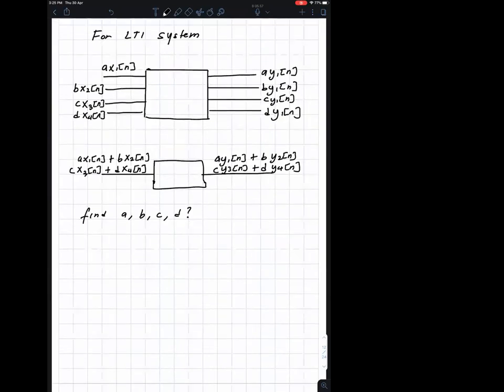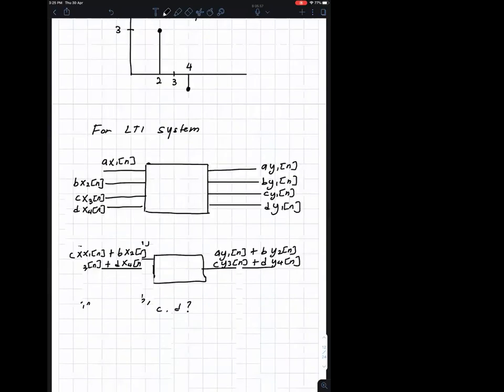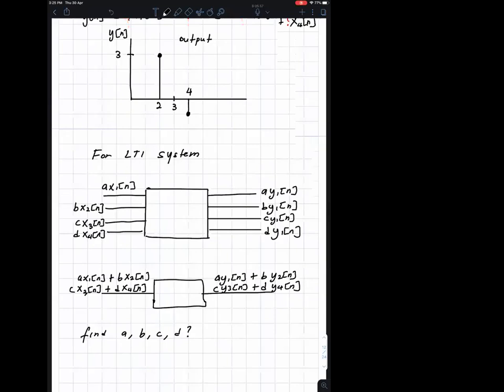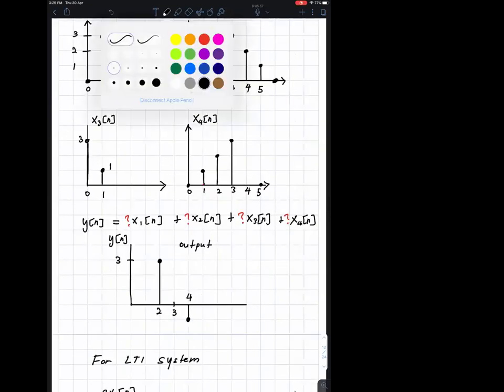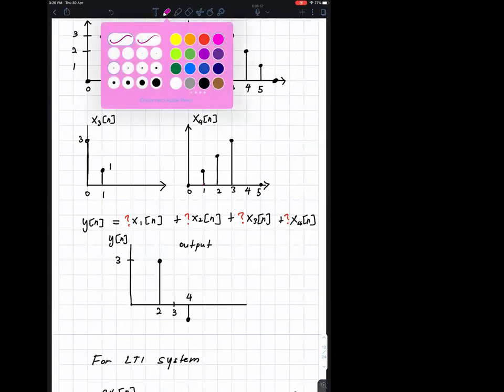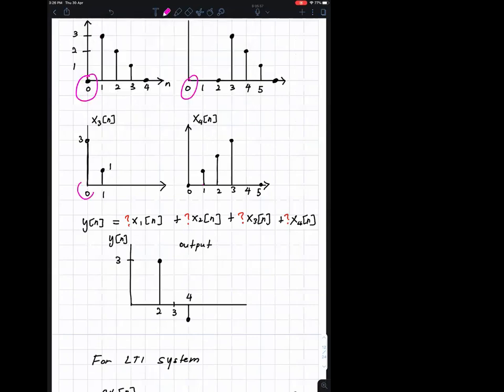If you look, when n equals 0, everywhere there's no signal, and also at the output there's no signal. So therefore, we don't have to worry about evaluating that point.